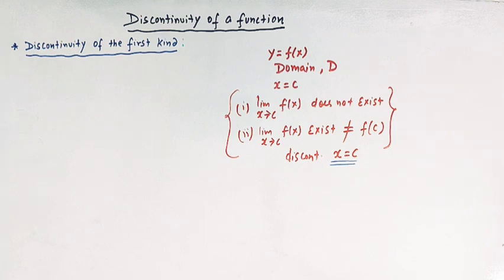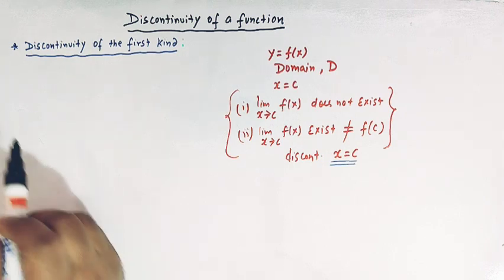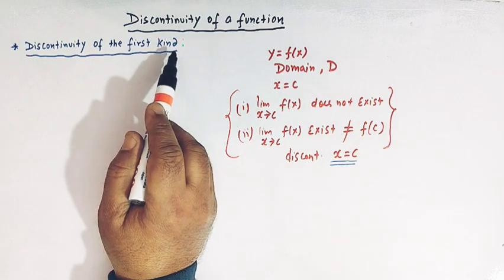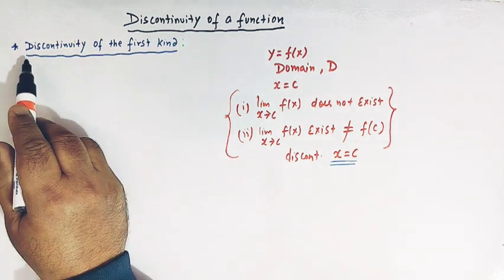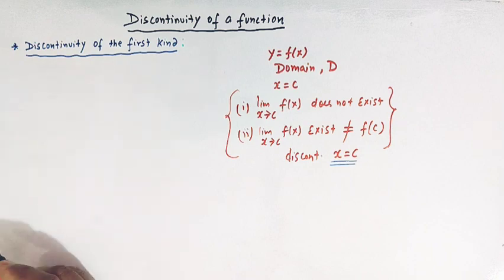So now there may be different situations when a function is said to be discontinuous, so we have many types of discontinuity of a function. In this lecture, we will discuss the type of discontinuity which is known as the discontinuity of the first kind.